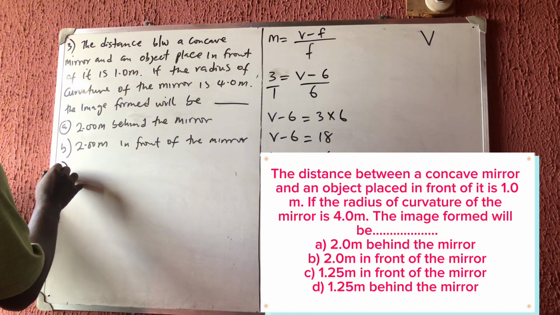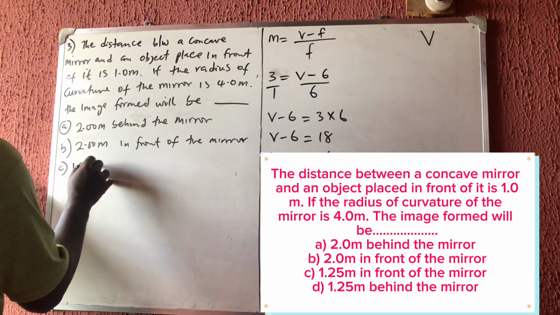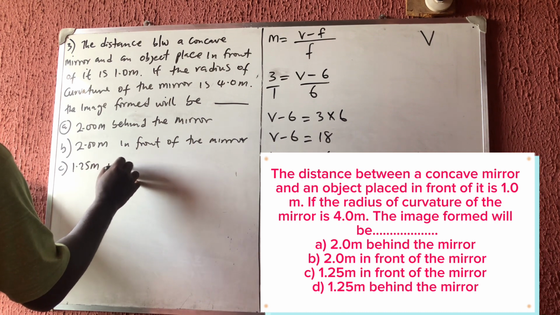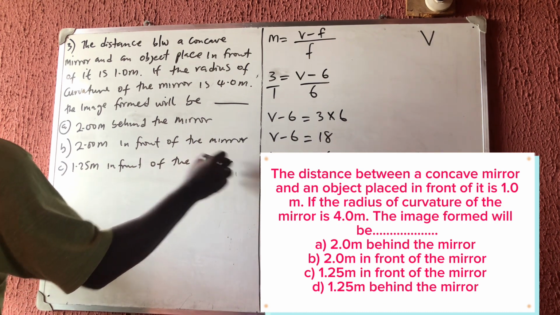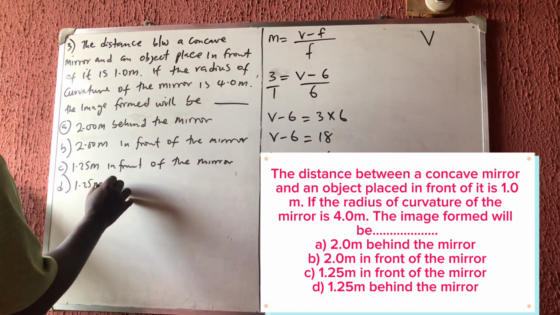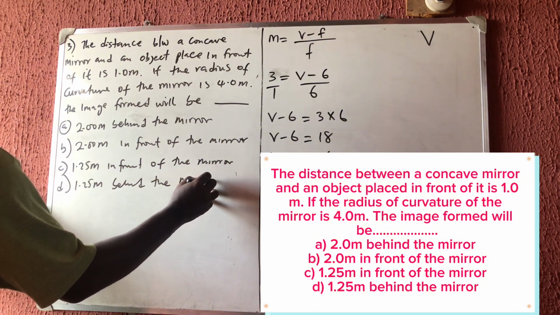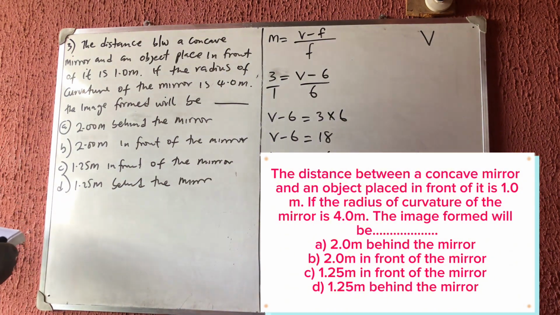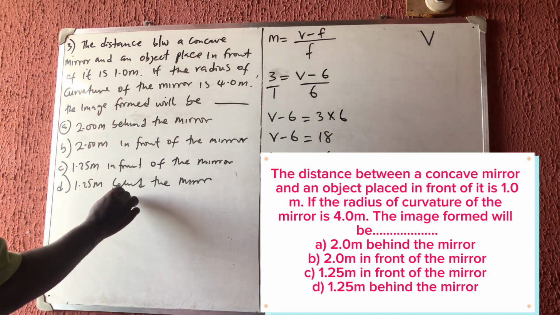Option C, 1.25 meter in front of the mirror. Option D, 1.25 meter behind the mirror. All right. Solution.